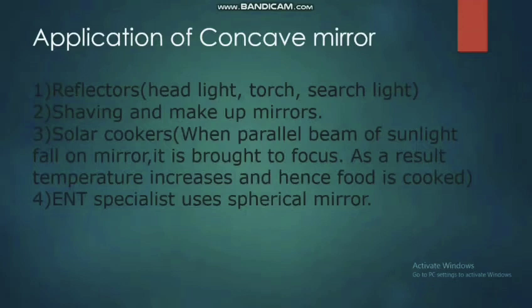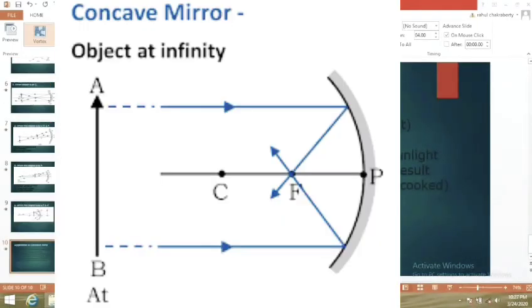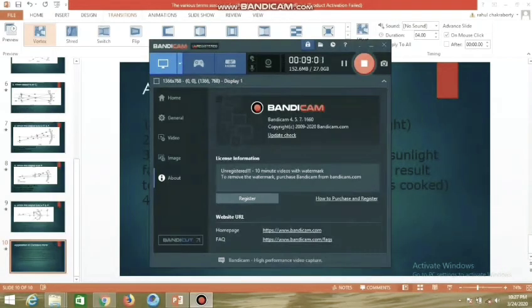ENT specialists use this kind of spherical mirror. ENT stands for ear, nose and throat. These are very small parts of our human body, so specialists use the spherical mirror to see a larger view of these parts. Thank you.